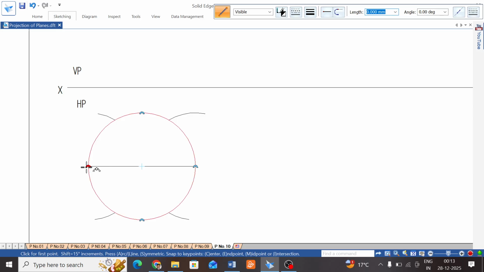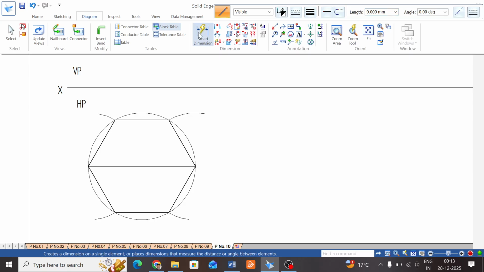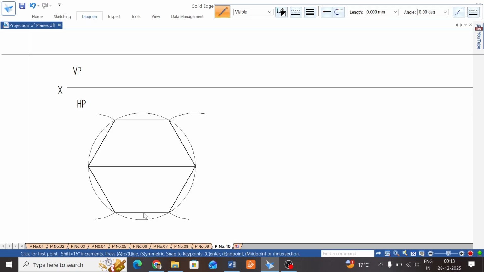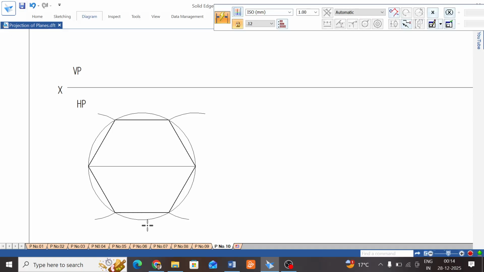Start with the first corner, second, third, fourth, fifth, sixth, and close it. Show the dimension for any one edge of the six edges, that is 25 mm.